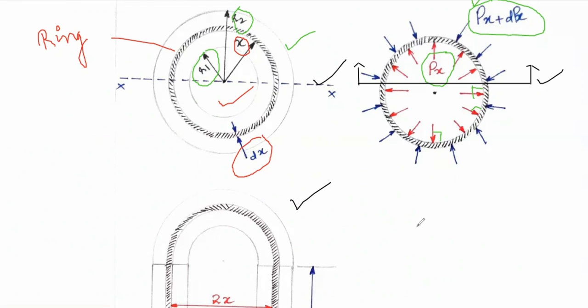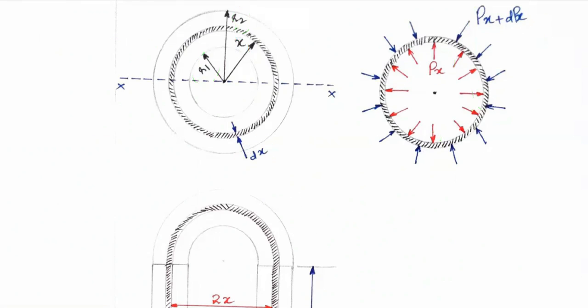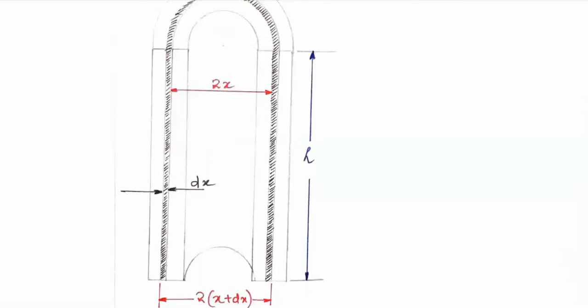So that I have shown in this figure. I have taken a section, I have cut it, and the top view of that I have shown in this diagram. So let us check out what are the things. Here you can observe the top view of the cut section of the cylinder.